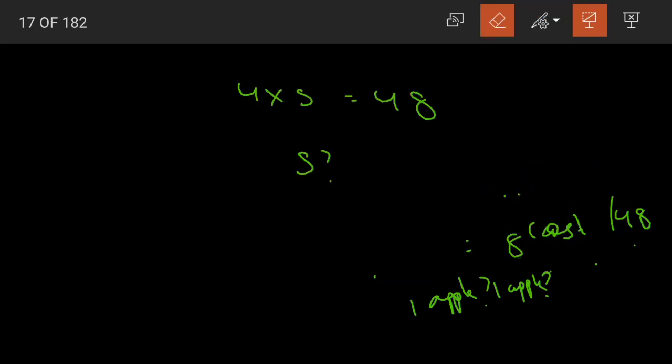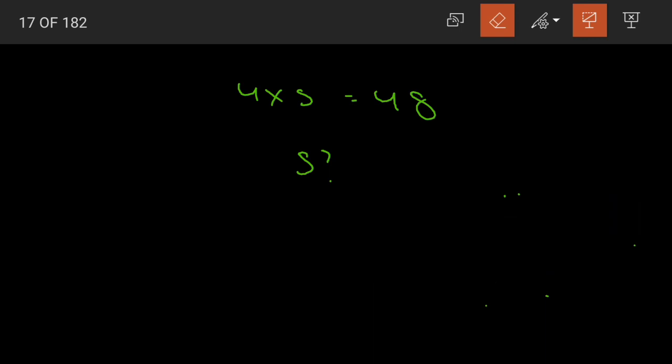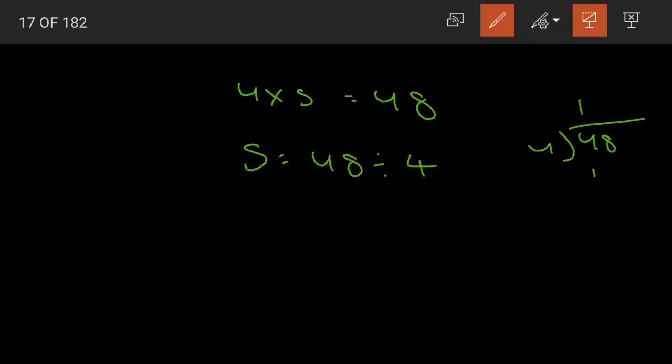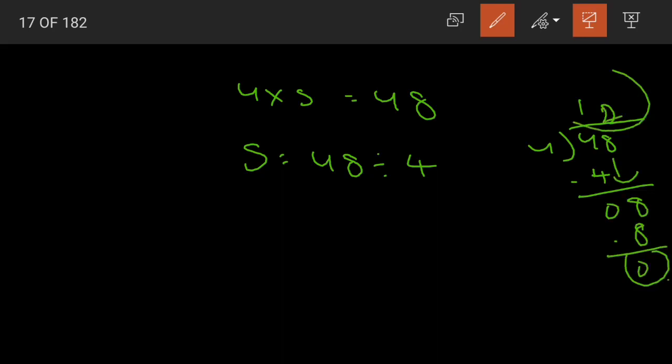In the same way, we have 4s is equal to 48. We want to find out the value of only s. So what should we do? We should divide 48 by 4. S is equal to 48 divided by 4. When we divide, 4 ones are 4. When we subtract, 0 is remaining. 8 brought down. 4 2s are 8. When we subtract, 0 is our remainder. So 12 is our answer.